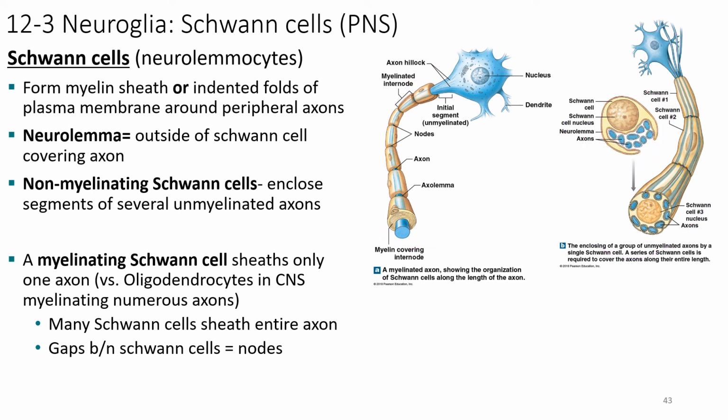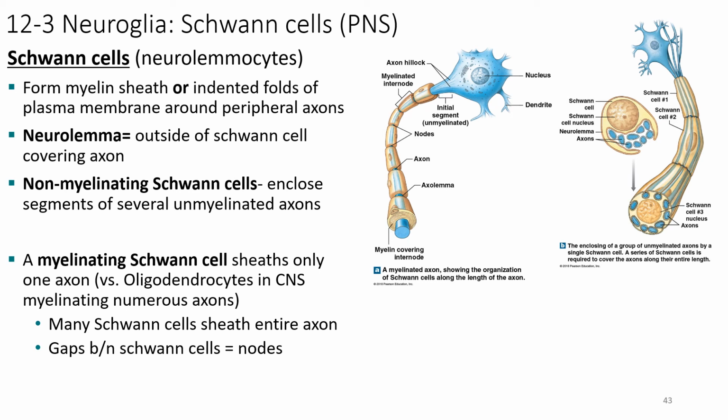So the neurolemma is the term given for the outside of the Schwann cell that's covering the axon. And that neurolemma is going to shield that axon from the interstitial fluid. So it's just another layer of protection.